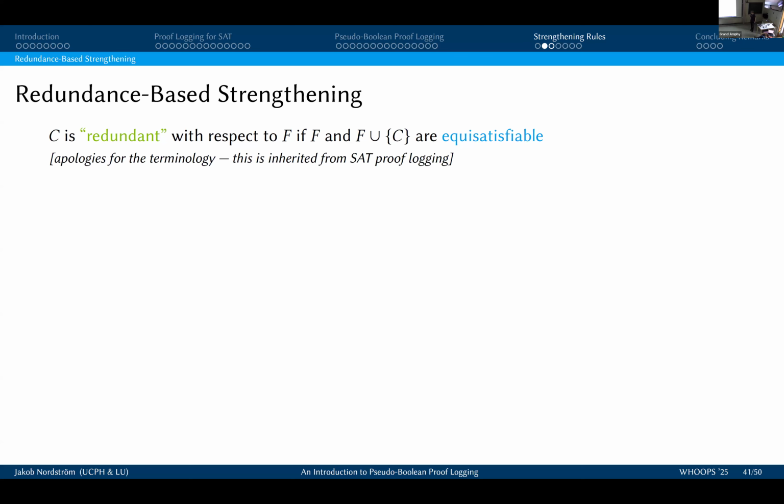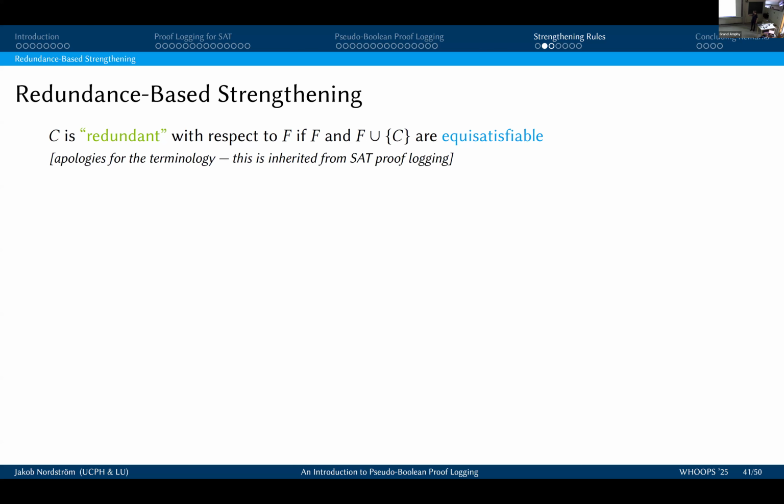This you can do with a rule called redundance-based strengthening, where we say that a clause C is redundant with respect to another set of constraints. This is not necessarily a clause, by the way; it could be a pseudo-Boolean inequality. C is redundant with respect to a set of constraints F if, when I add this constraint to F, it doesn't change the satisfiability status, so F and F union C are equisatisfiable.